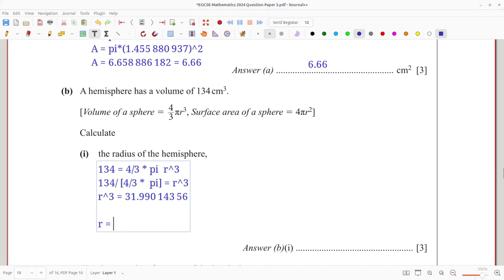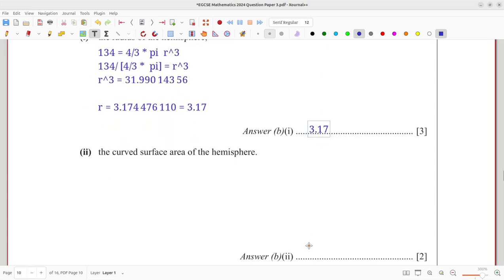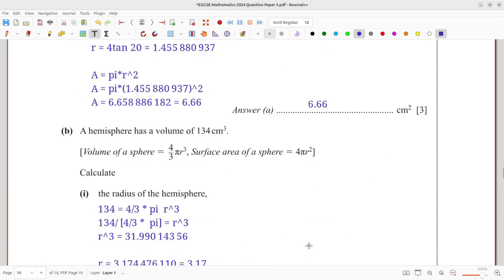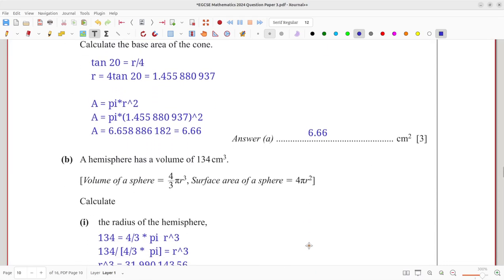is equals to 3 point, which is approximately 3.17. Here's surface area of the hemisphere, surface area of a sphere.